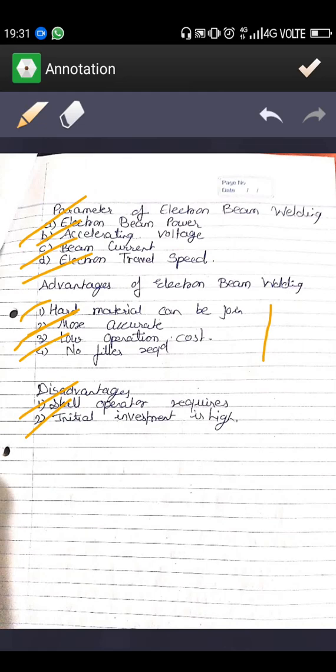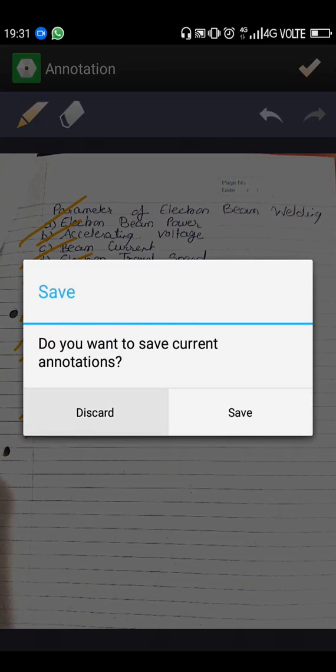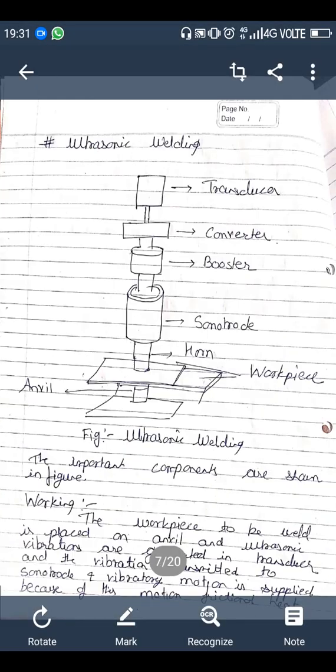So now we are going to take another topic, which is ultrasonic welding. The image of ultrasonic welding you can see on your screen. This is the diagram for an ultrasonic welding machine.